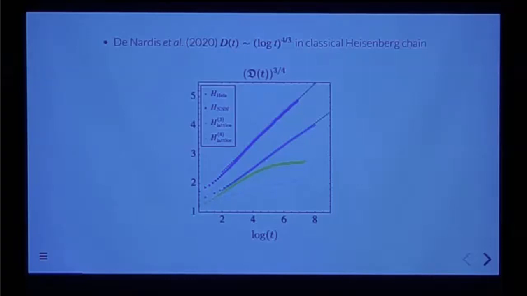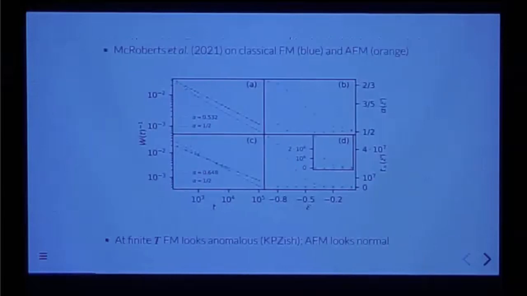So you don't get that KPZ scaling. This paper found, on the basis of numerical simulations, a diffusion constant which grew with time like (log t)^(4/3). So still superdiffusion of a kind, but weaker than the kind seen in the integrable KPZ case.